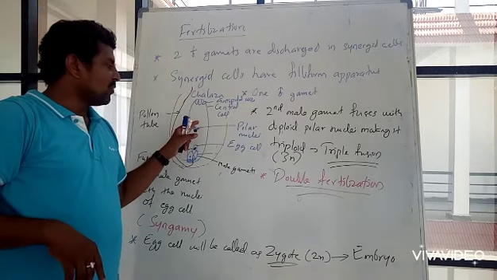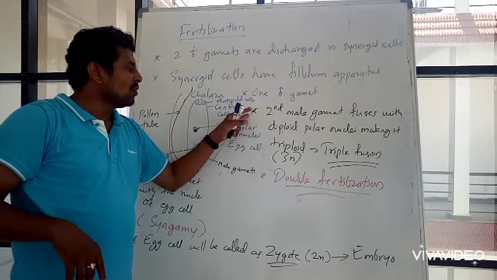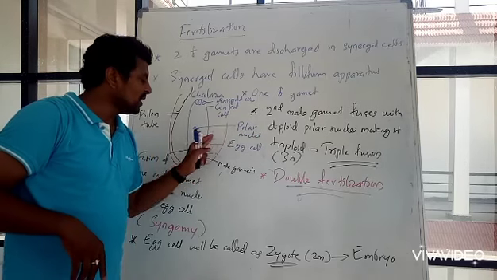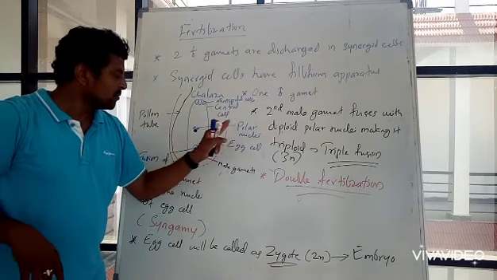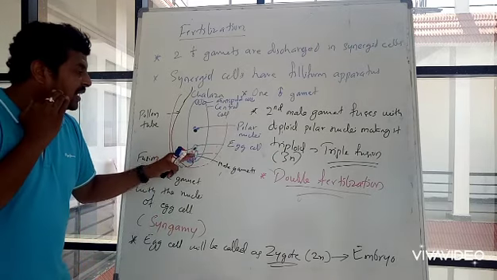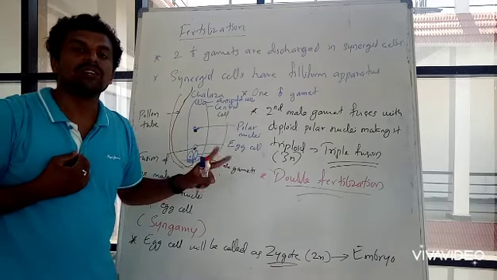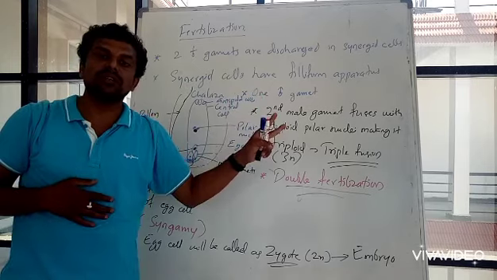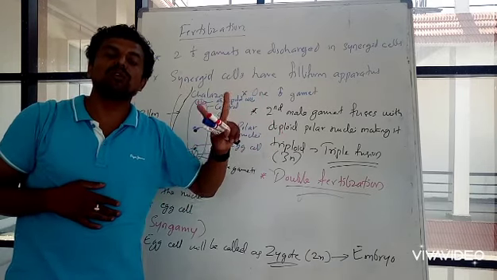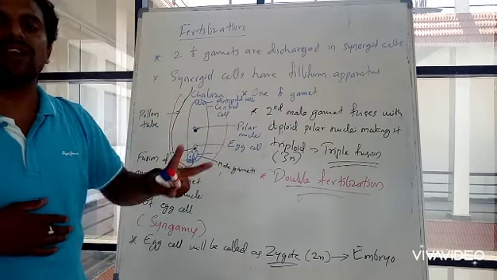One male gamete will fuse with the polar nuclei, that is triple fusion, and the other male gamete fuses with the egg cell, that is syngamy. So syngamy as well as triple fusion, both together are called double fertilization.